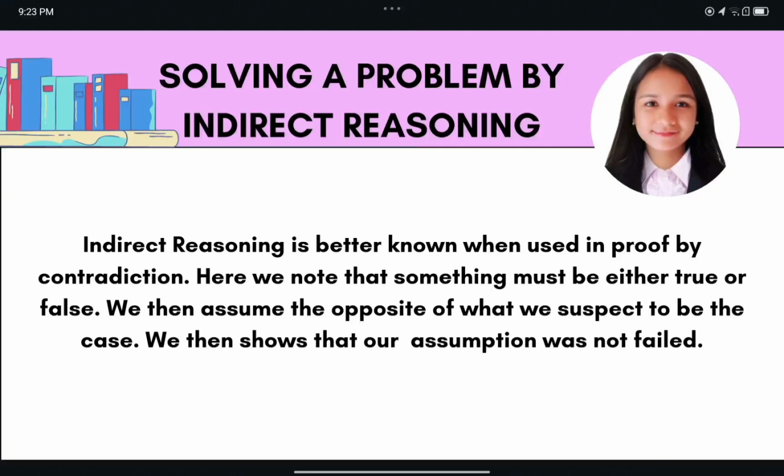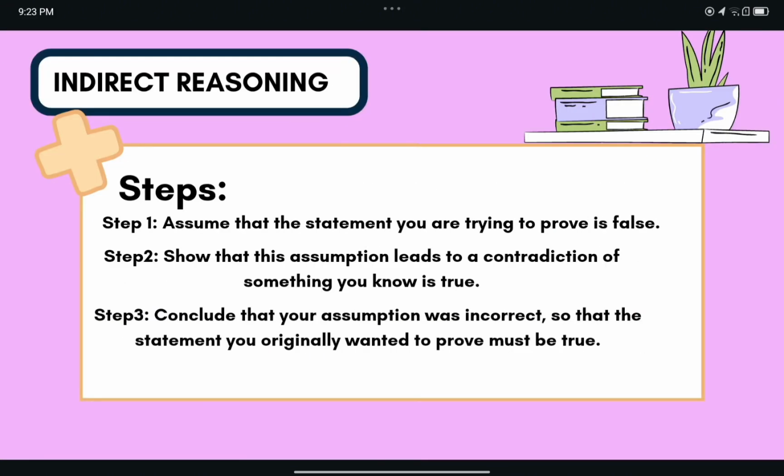So here I'm going to give the steps on how we use indirect reasoning. The first step is assume that the statement you are trying to prove is false. Second step is show that this assumption leads to a contradiction of something you know is true.